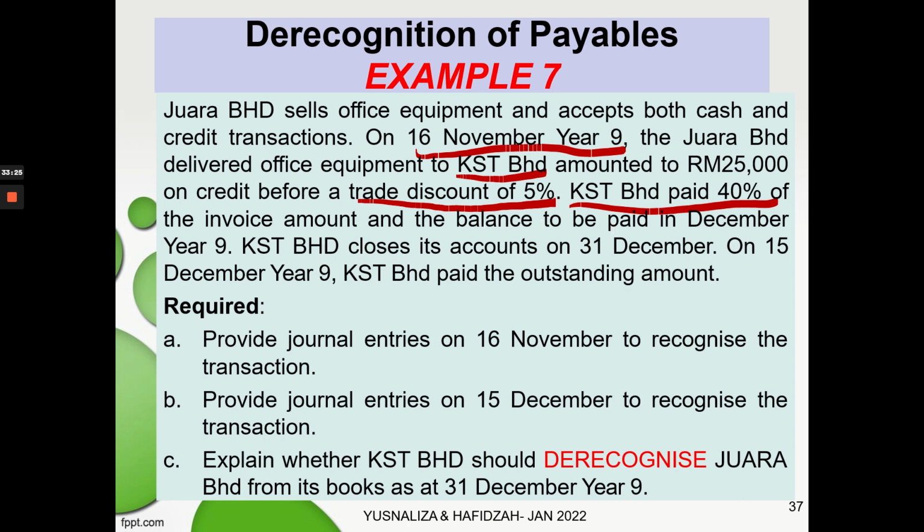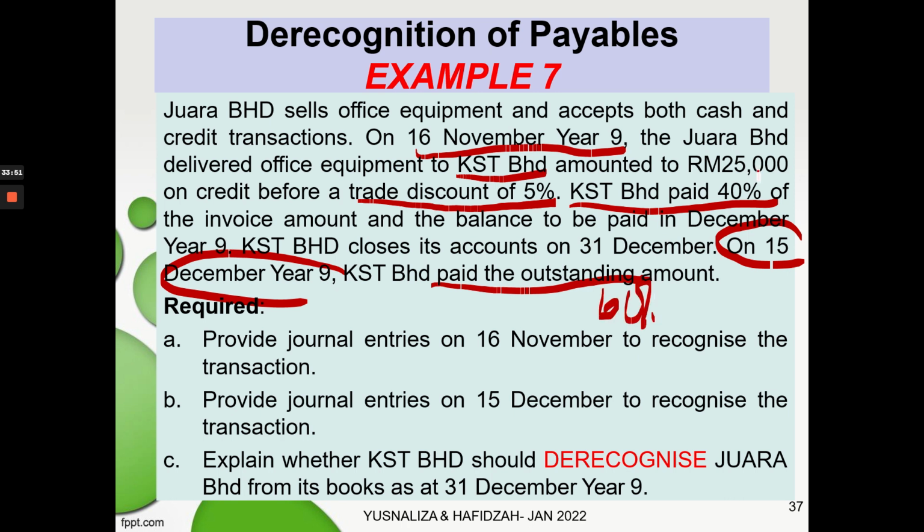KST closes its account on 31st of December. On 15th of December, KST paid the outstanding amount. So 31st of December is a reporting date, but on 15th of December, KST paid all the outstanding amount, meaning that whatever amount outstanding, which is 60%.